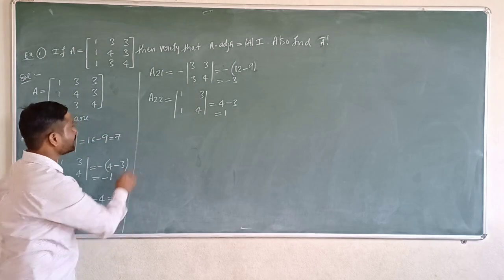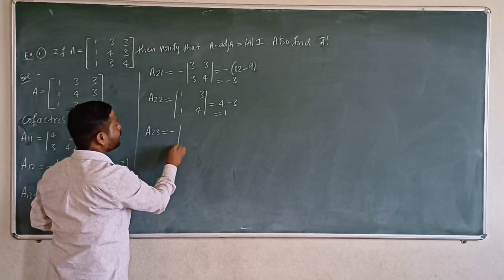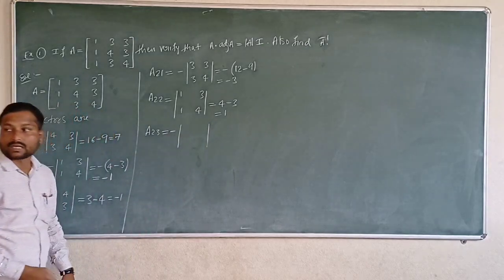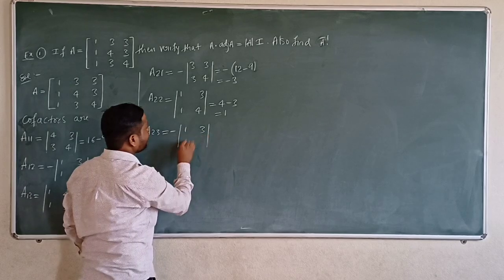Next is A23. A23 is negative. Delete the second row and third column, then the elements are 1 3 1 3.